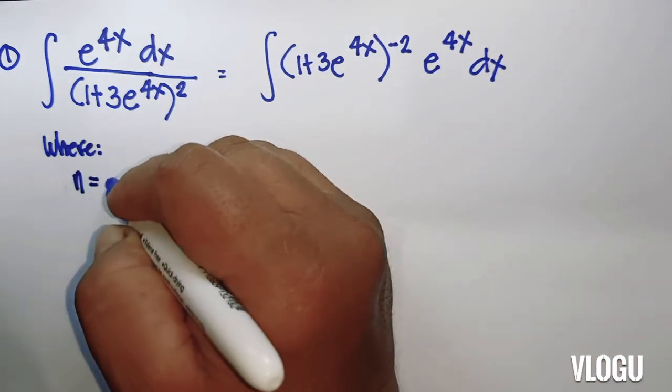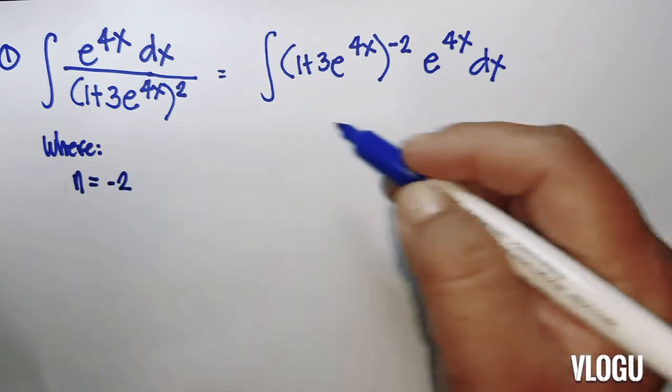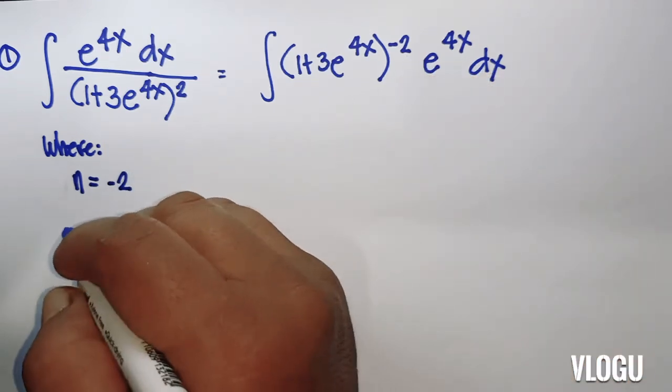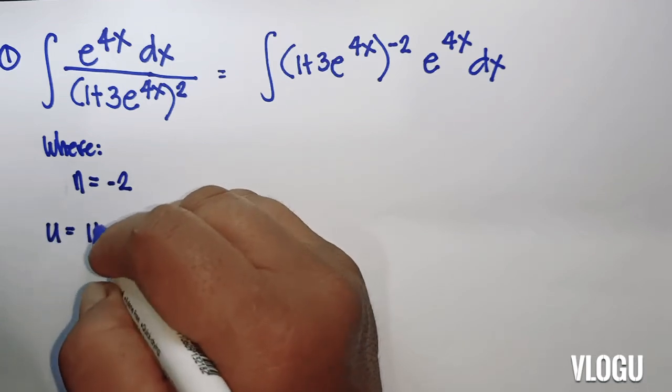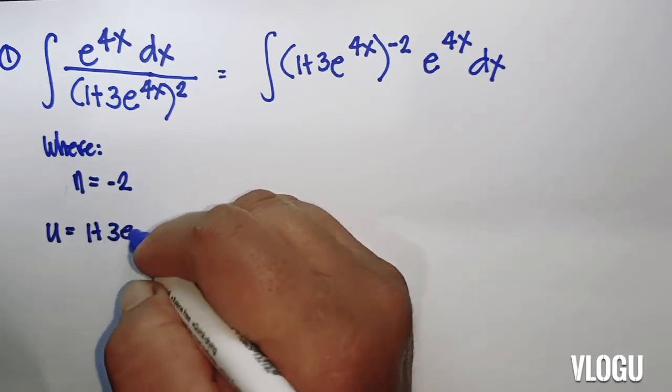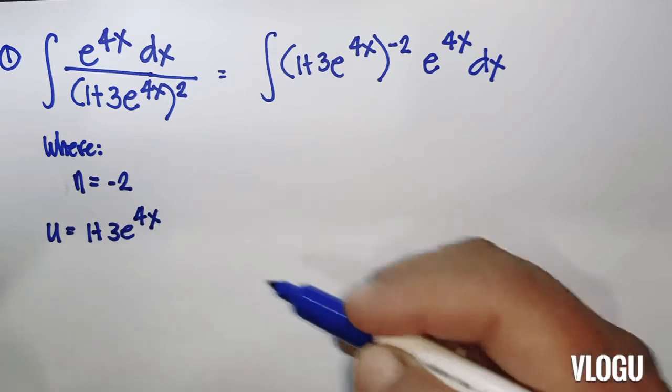That is equal to negative 2, this is our n. Our u is equal to 1 plus 3e to the 4x.